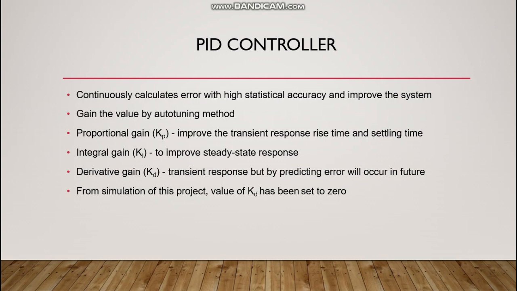But from our simulation, the value of Kd has been set to 0. This is because if the value of D is more than 0, it can amplify the frequency of noise if the system is at steady state. Hence, D was set to 0 to keep the system stable and optimize the problem. All parameter details and step response figures can be seen in our full report.